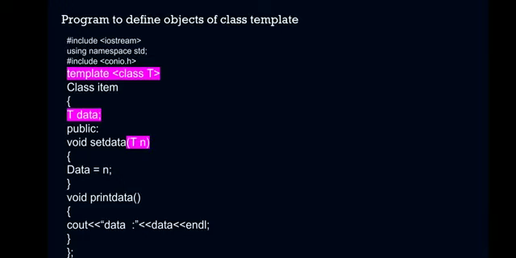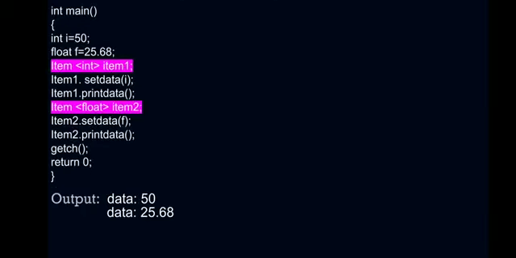So it can accept different types of data. It is the same class, but when we create an object, I can create an object for integer separately, an object for character separately, an object for float separately, and an object for double separately.